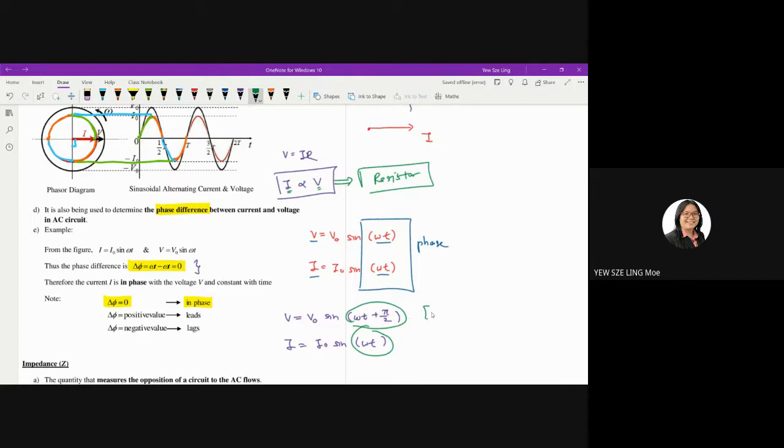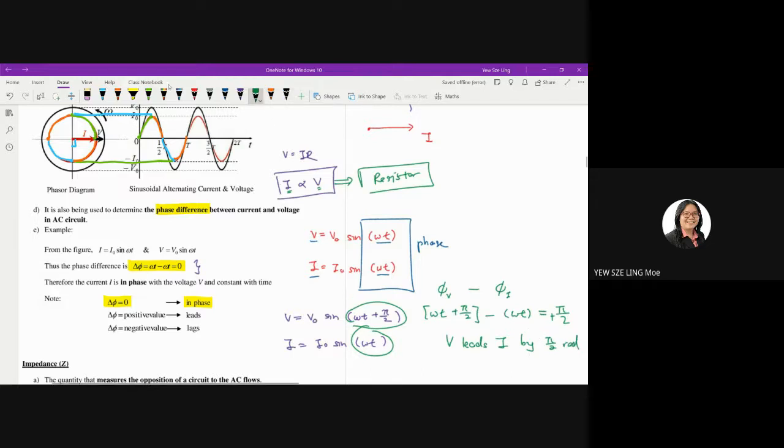So we have omega t plus pi over 2, which is the phase for voltage, minus the phase for current, omega t. It gives you pi over 2. When you use V minus I and obtain a positive value, it represents that voltage leads current by pi over 2 radian.